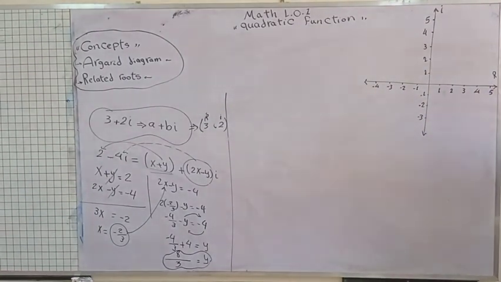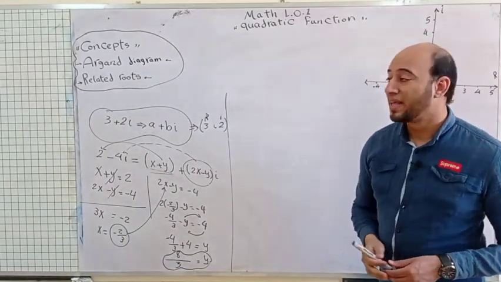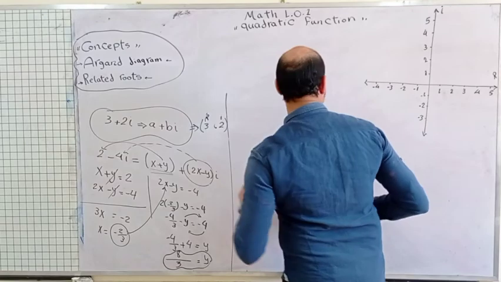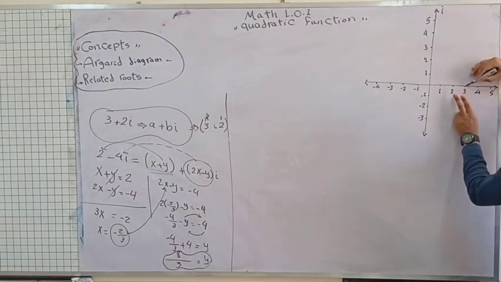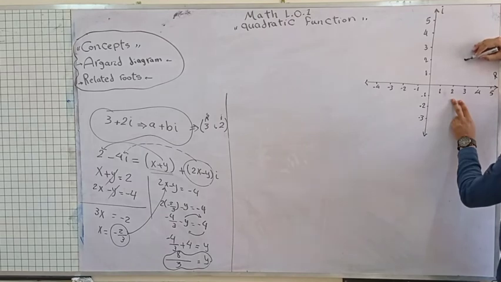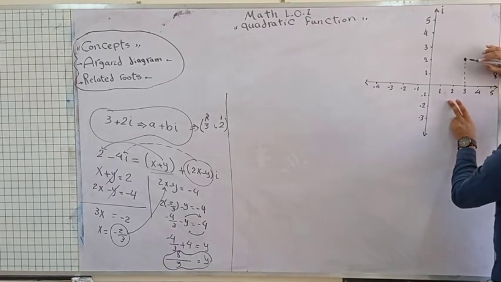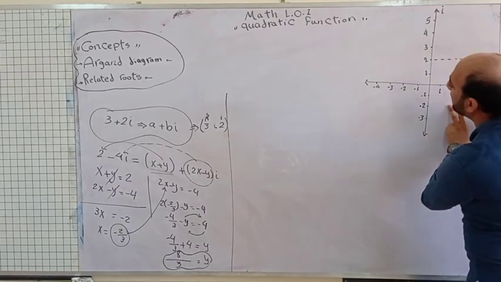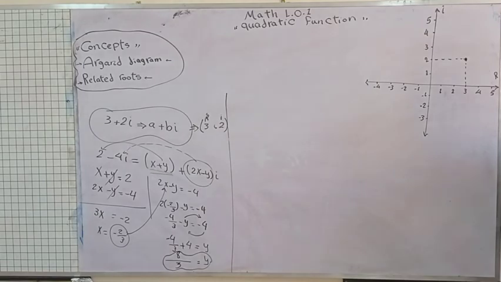Now, how can we represent this complex number? For example, its real part equals 3, and its imaginary part equals 2, then this is the point which represents this complex number on the Argand diagram.